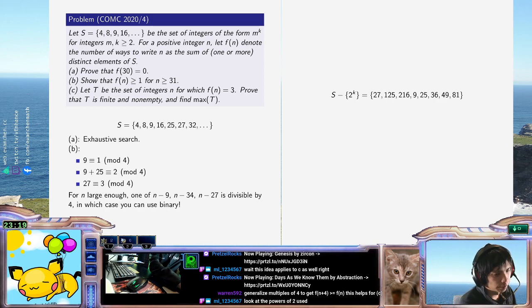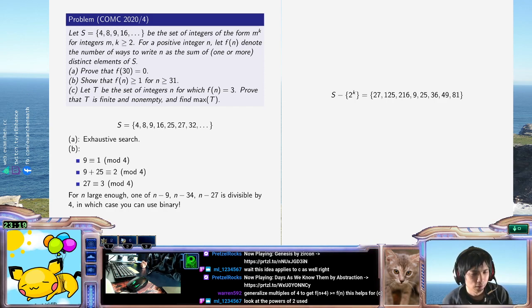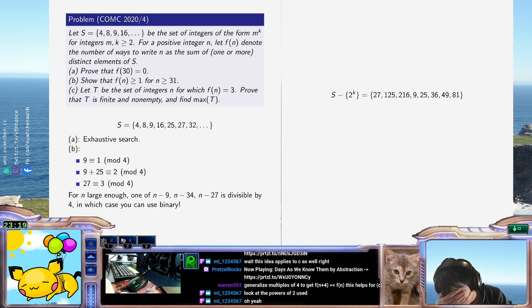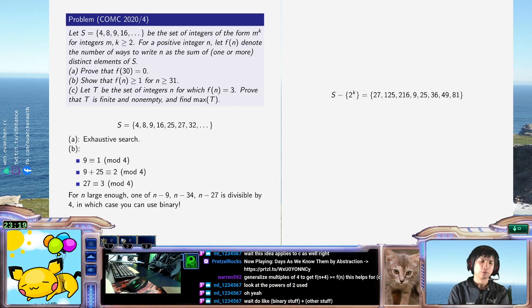The problem is that if you have a representation of n plus 4, it does not need to use the 4, right? It could use the 36. No, I'm confusing myself. The claim is every representation of n gives a representation of n plus 4, or do I want to go down? If you want to go to n plus 4, you want to assure that 4 isn't used. I don't see why this claim is true, actually.